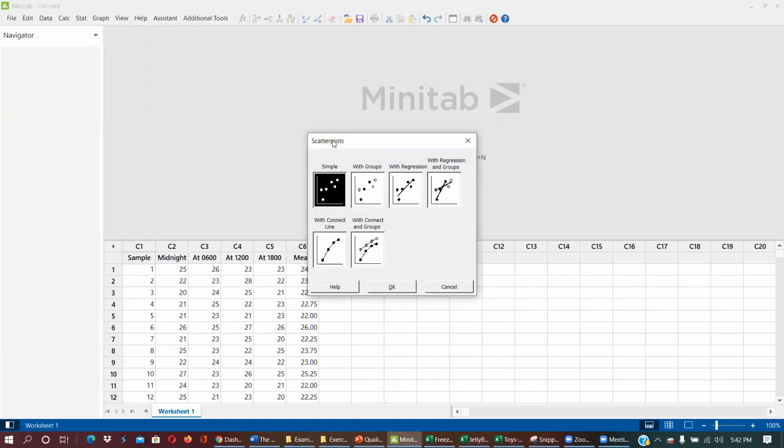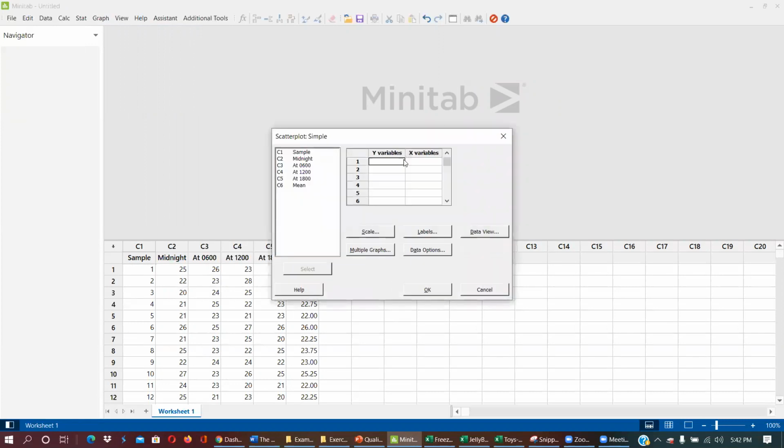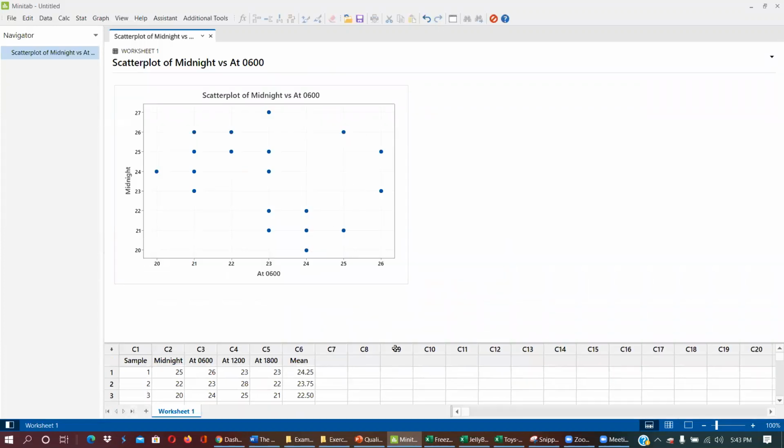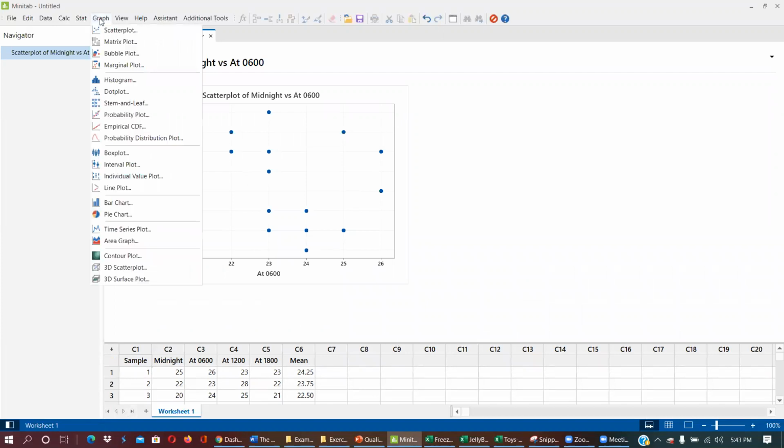Now let's go under graph. Here we have the scatter chart, and I'm just going to plot randomly. Basically this is a scatter plot, and all the graphs and charts can be plotted under this.